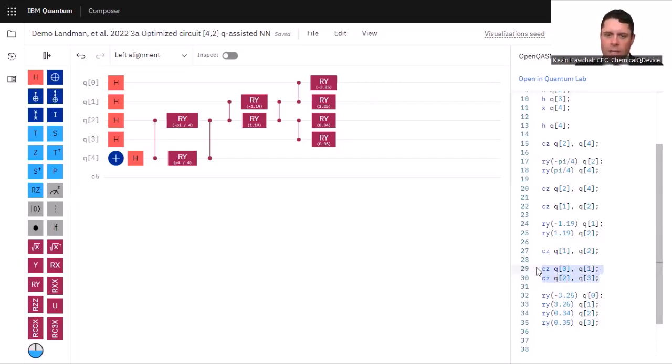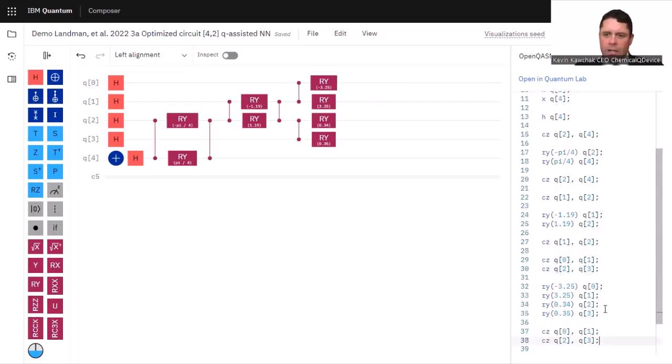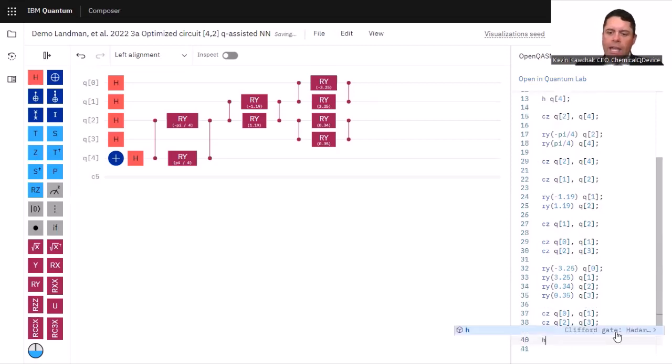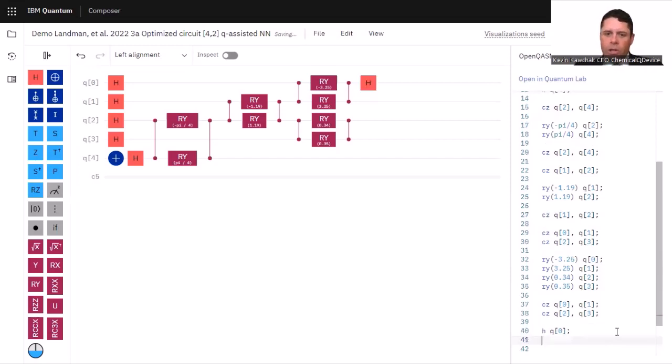So we have a CZ again, so there's 2 CZs. And then this next one is an H at Q0, semicolon. And then there's going to be a CZ at 1 to 2.